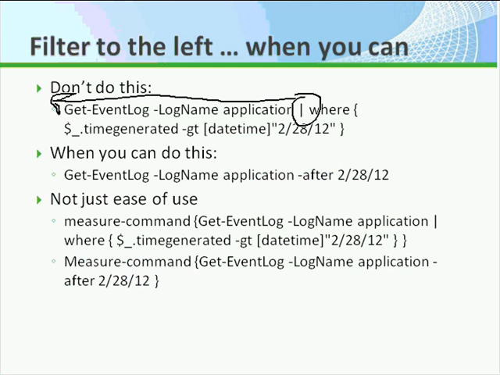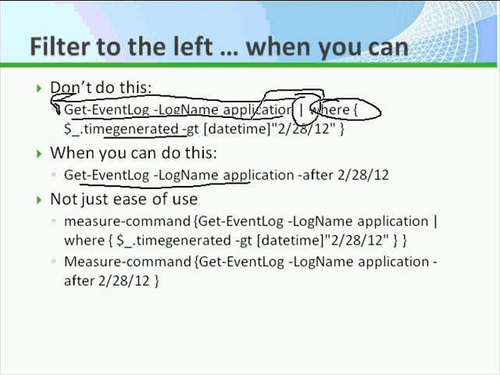And then it sends it across the pipeline to Where-Object, where we're going to filter out and look for when the errors were generated. Now, this command is fine, it works okay, but it's not going to be as good a performance as saying, only get me the event log entries that occurred after February the 28th. So you see, this is a much better query. Only give me the entries that occurred after this date. And so this is going to return far fewer entries. This returns every one of them.